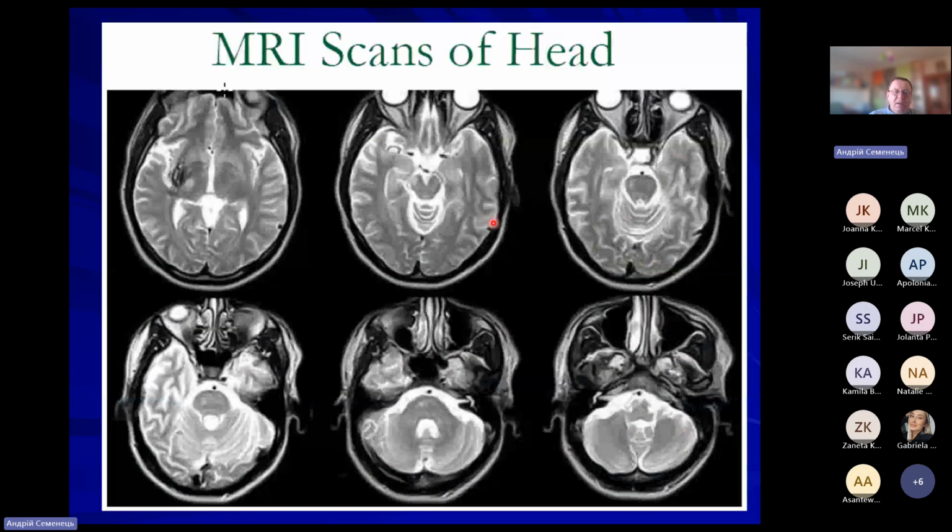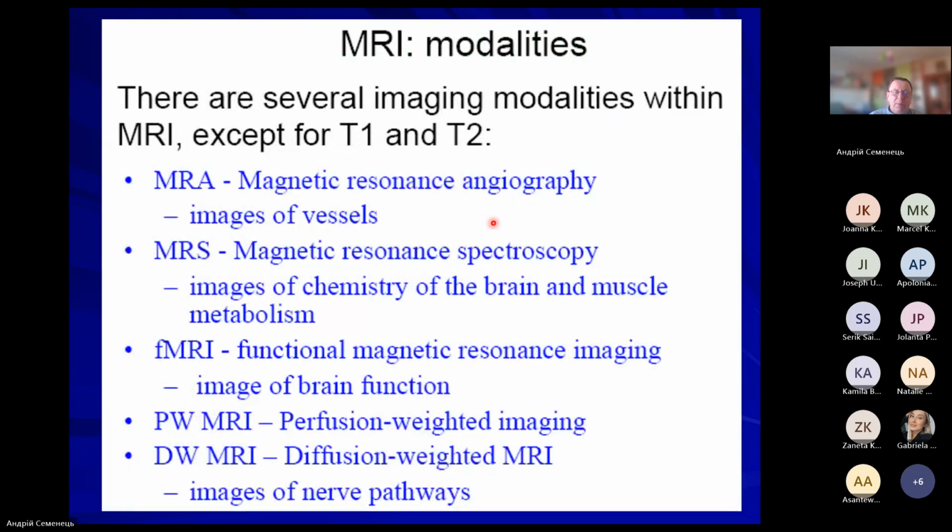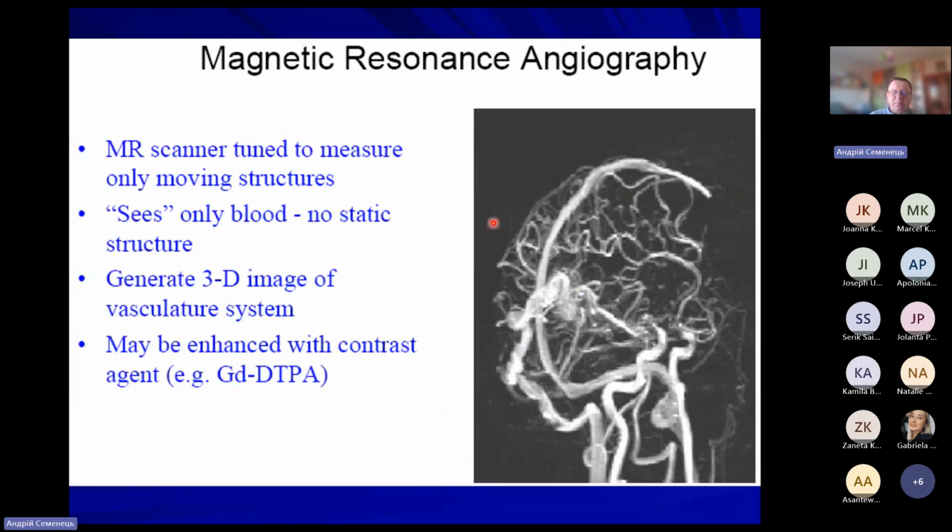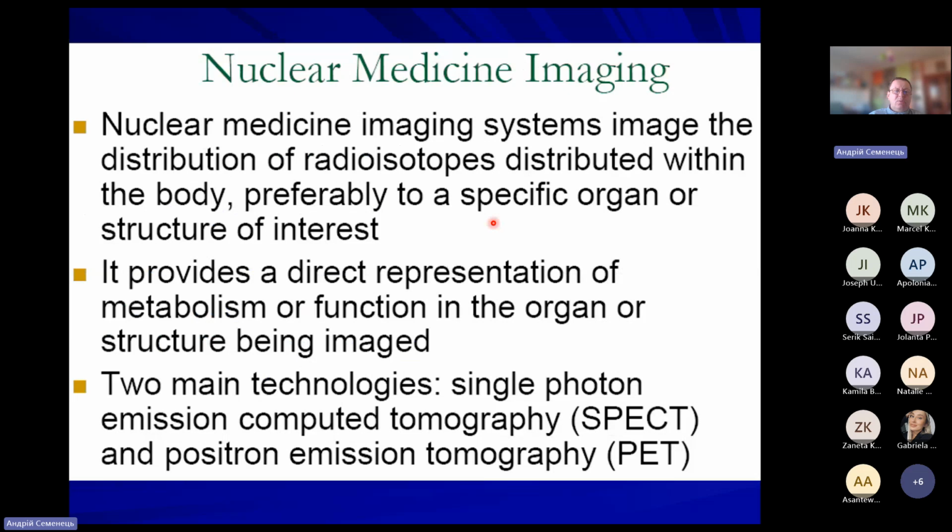MRI just works much better with soft tissue because of the principles it works on. So it's good for soft tissue and vessels. It's good for visualizing metabolism processes dynamically and so on. It has even allowed angiography to become an independent specialty for studying vessels.